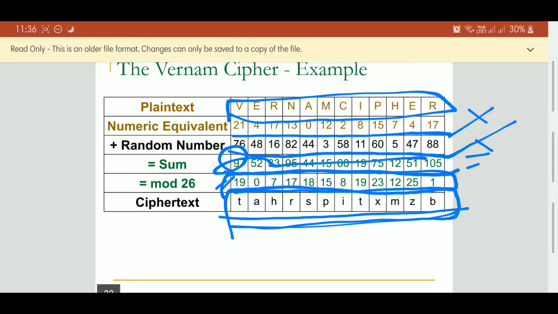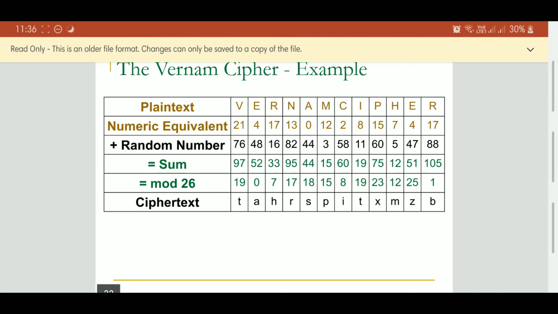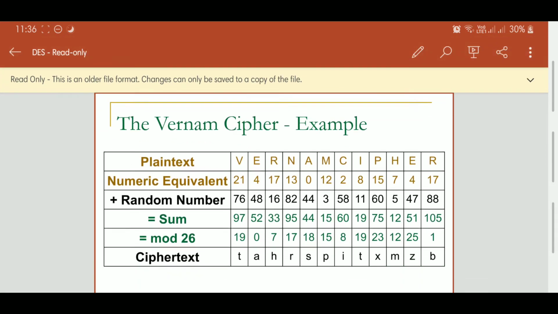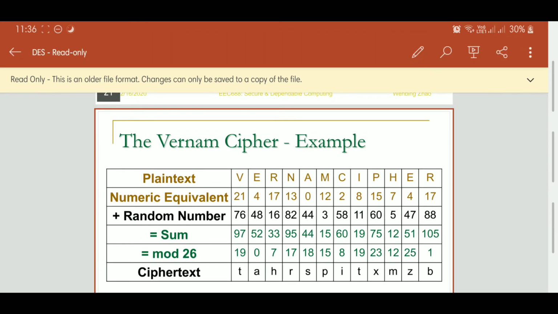Like T is at the 20th place, so we get 19 for T, A for 0, H for 7, R for 17. Like A is at 0, so we get B at 1, and so on. So this is our ciphertext for this row.